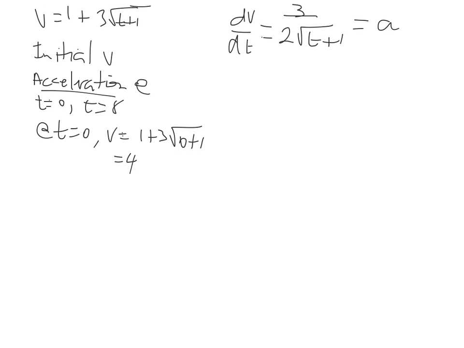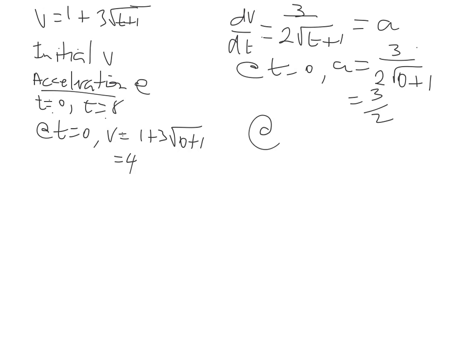So now to find the acceleration at these 2 points, that's all we substitute. So we say at t equals 0, a equals 3 over 2 times the square root of 0 plus 1. So 3 over 2.